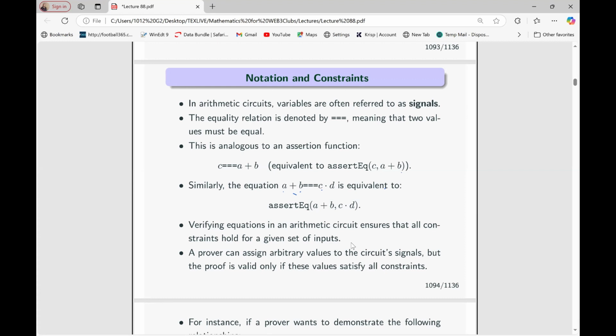Those constraints hold. So a prover can assign arbitrary values to the circuit signals. Remember what I said a circuit signal is? I said these are the variables.